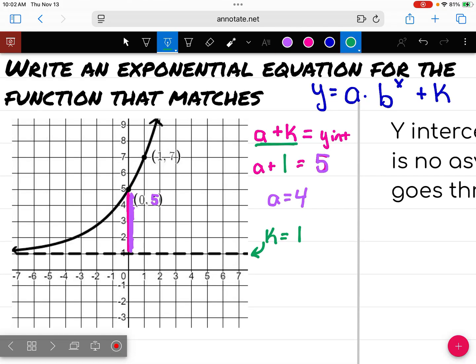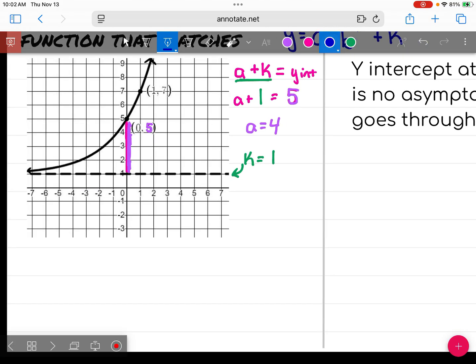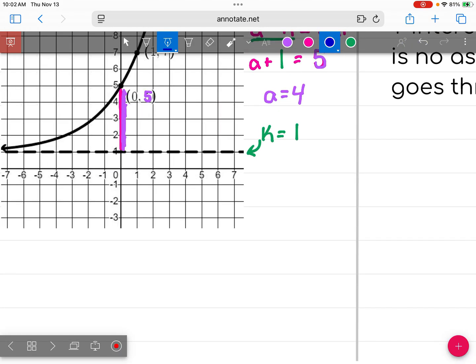So we took our a plus k, and we already knew what k was, and we can find our y-intercept from the picture. So at this point, just from this alone, I know lots of pieces of my equation. I know that my y is going to equal 4 times some base to the x plus 1.